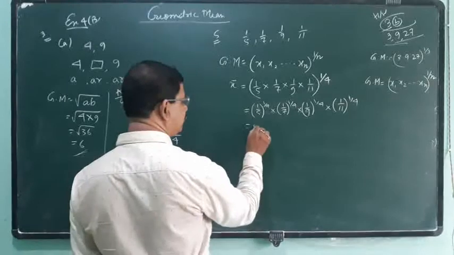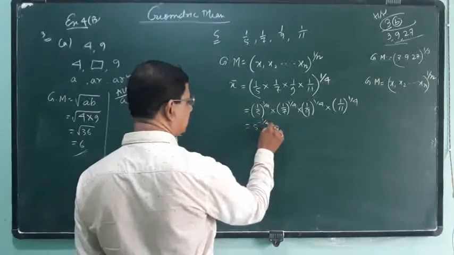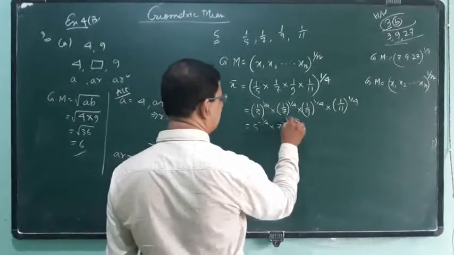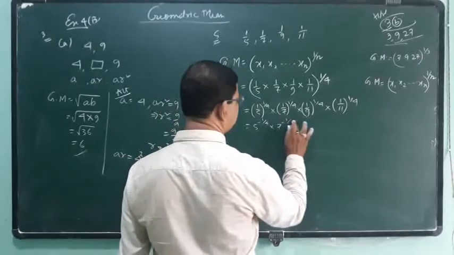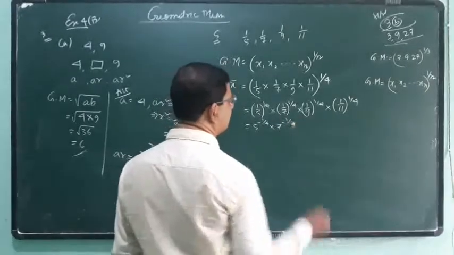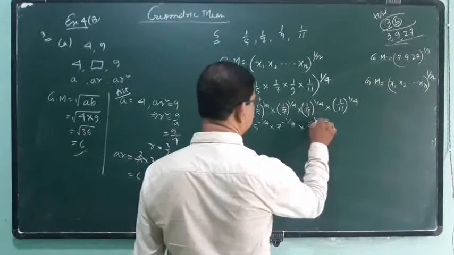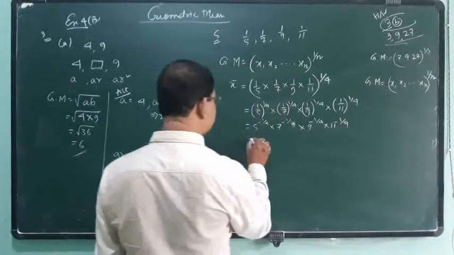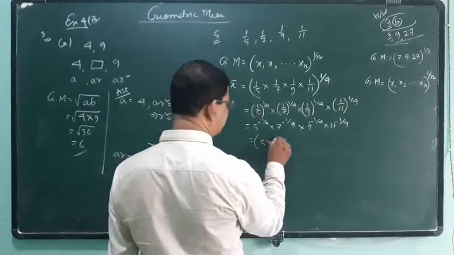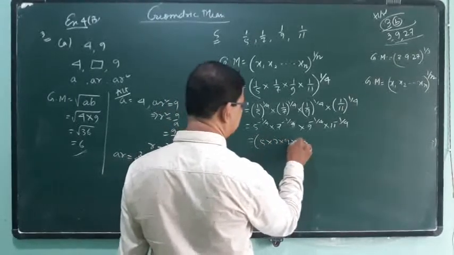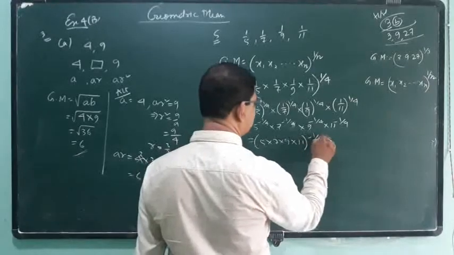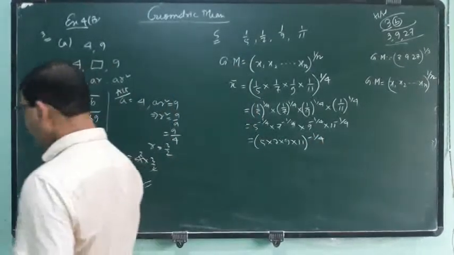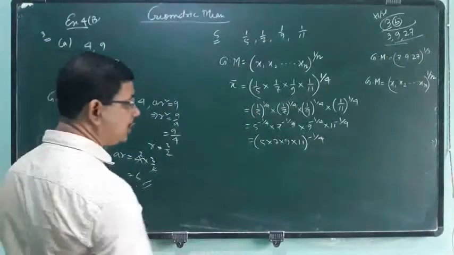This value is 5 to the power minus 1 by 4, 7 to the power minus 1 by 4, 9 to the power minus 1 by 4, 11 to the power minus 1 by 4. So shall I write 5, 7, 9, 11, whole thing to the power minus 1 by 4. Then it is a big calculation.